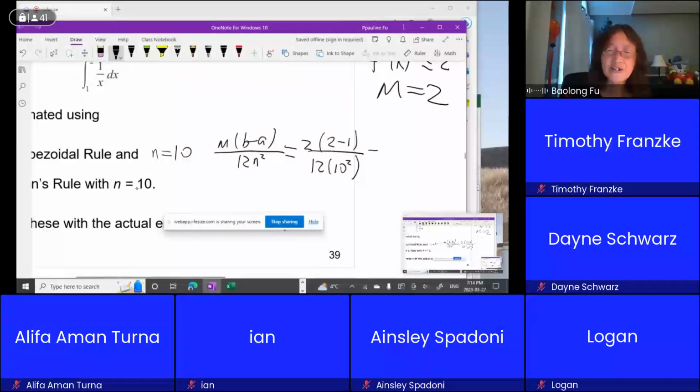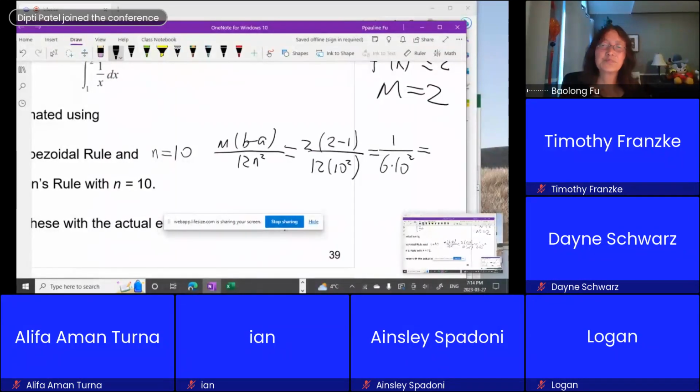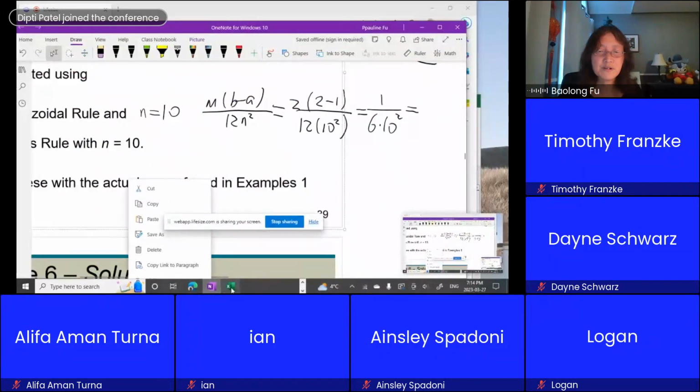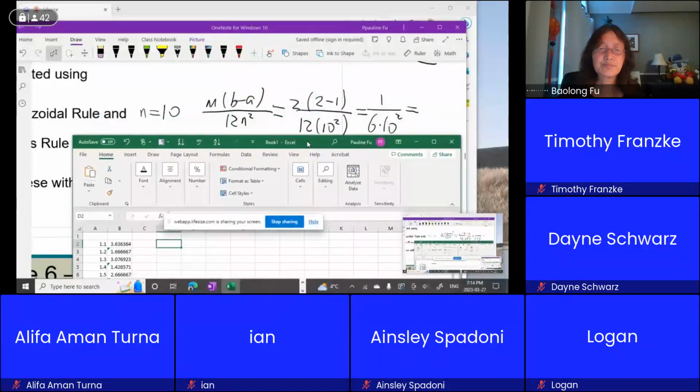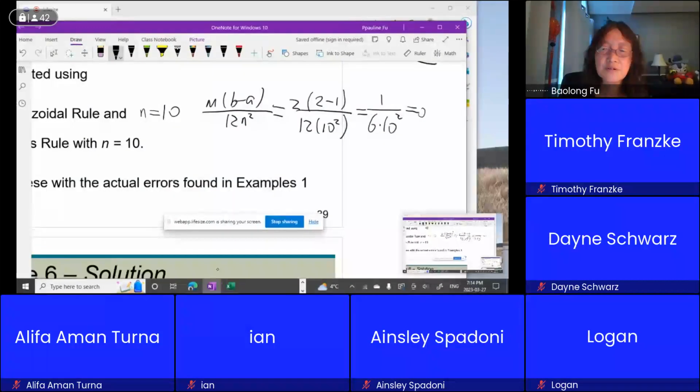It is just 1 over 6 times 100, which is 0.001667.